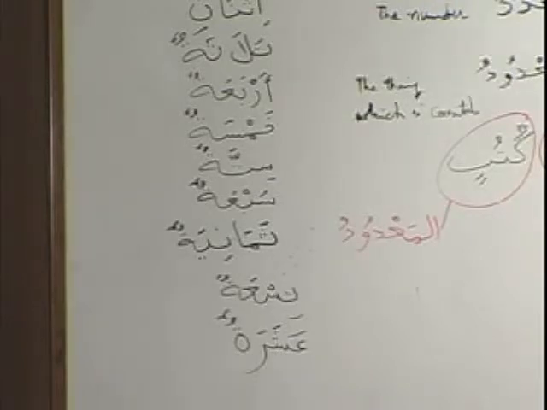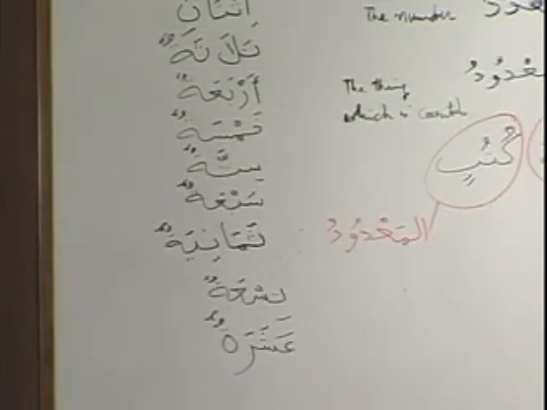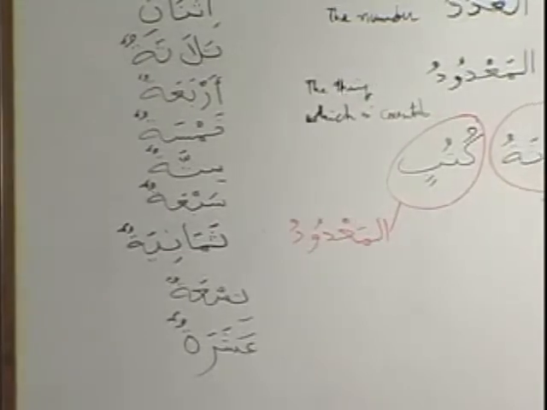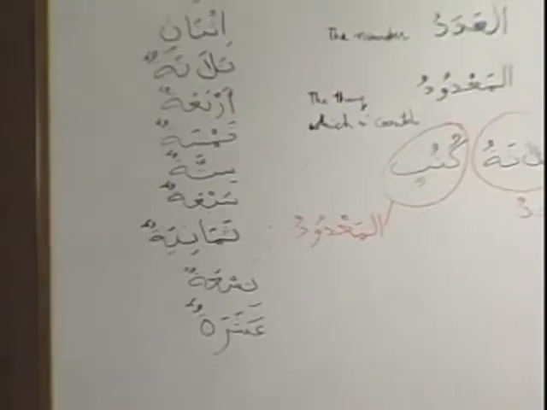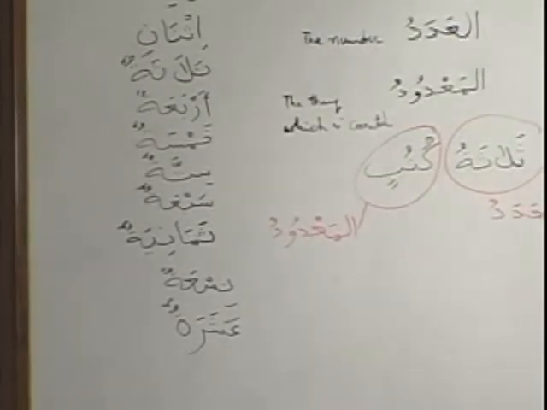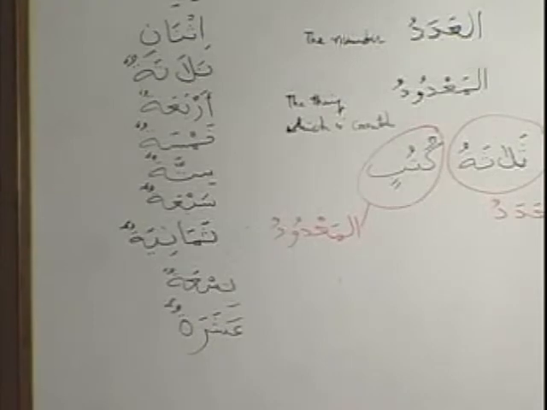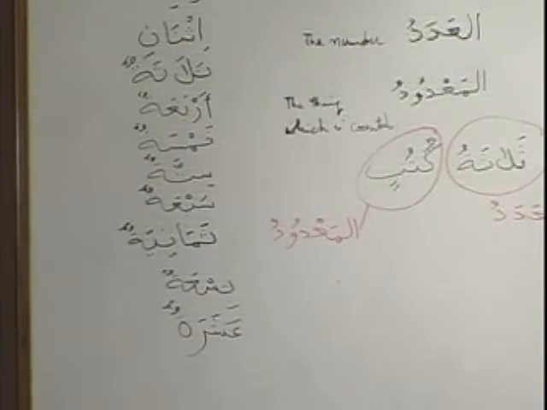Okay. Now let us count pens. Now you have to understand one thing, brother. When you write salasatun, it's on its own. That is why we said salasatun. But when it comes as mudaf, it becomes salasatu. You know that? Tanween cannot come on mudaf.